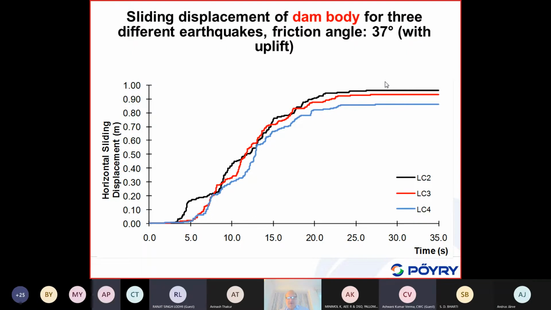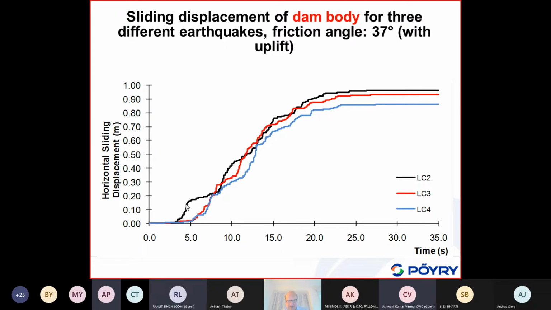If you do global stability analysis and pseudostatic analysis, you arrive at safety factors. Usually your objective is to arrive at safety factors larger than 1. But here, once we have sliding, the safety factors drop significantly below 1 during a short period of time.